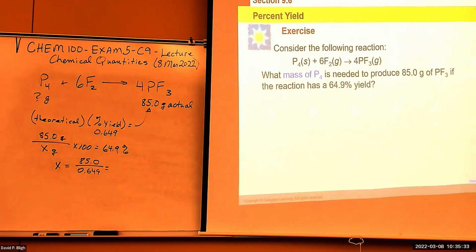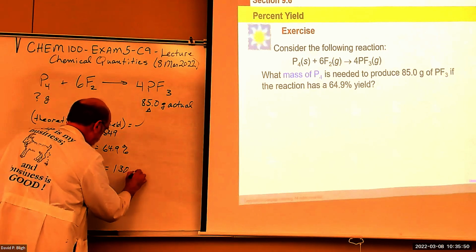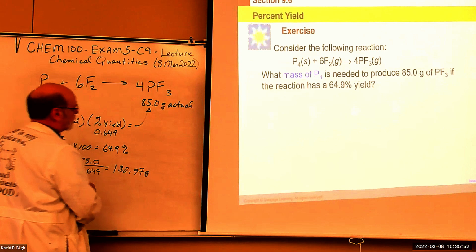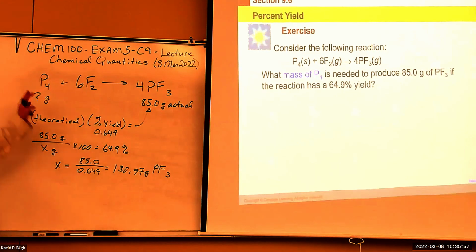And that's the theoretical amount of PF3. So that's 130.97 grams of PF3. Now we can use the equation.